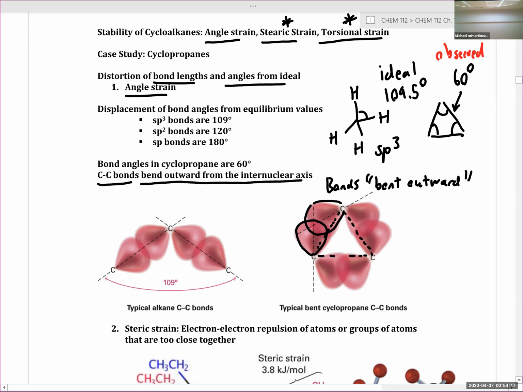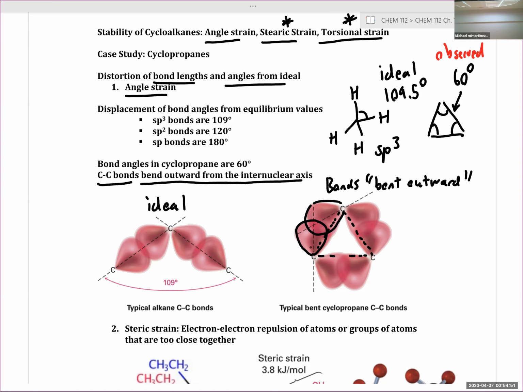Now, taking a look at this orbital overlap, if we compare this overlap to our ideal carbon-carbon bond with ideal bond angles, would you expect the overlap observed in cyclopropane to be stronger or weaker than in a normal carbon-carbon bond? So would we expect the cyclopropane carbon-carbon bonds to be stronger or weaker than usual?